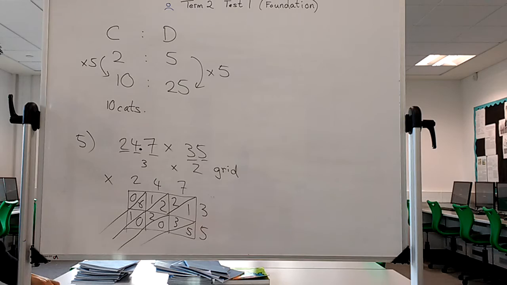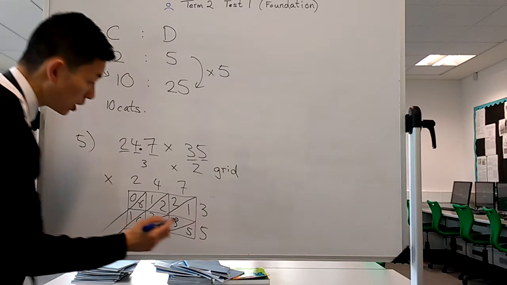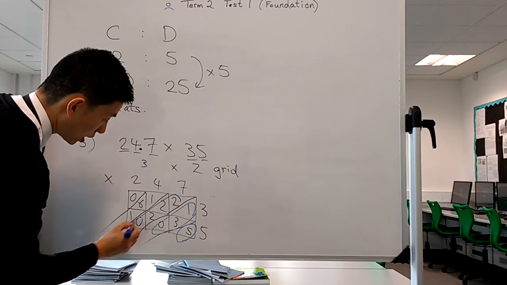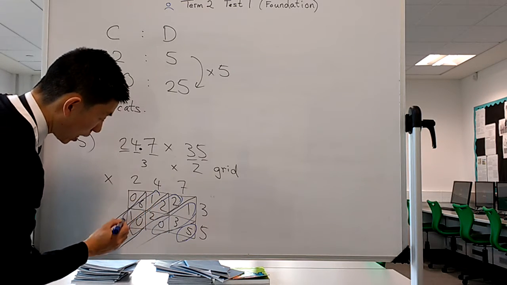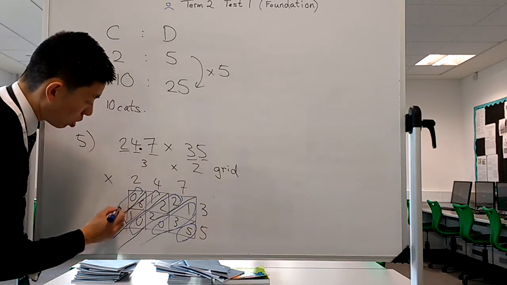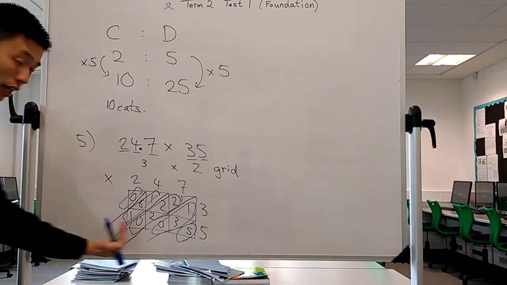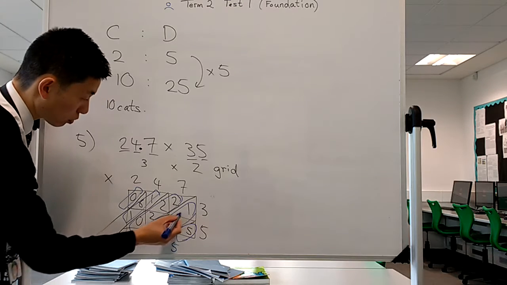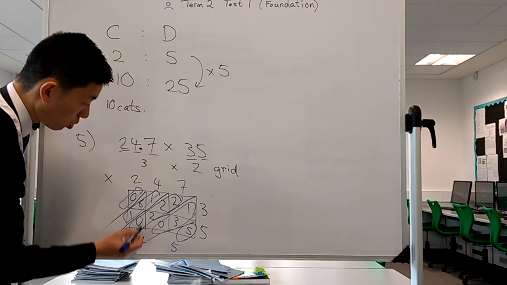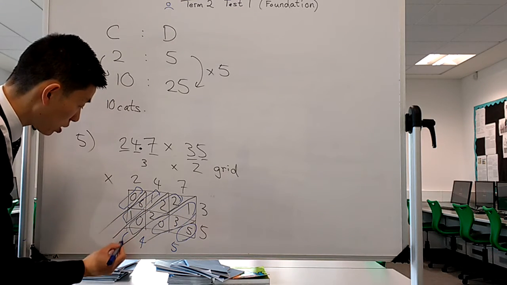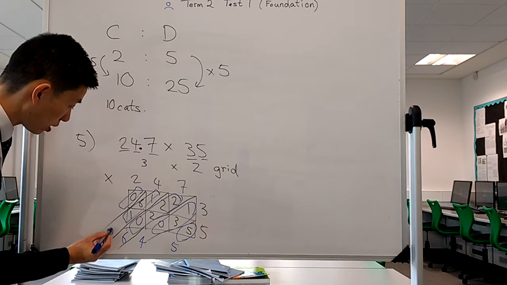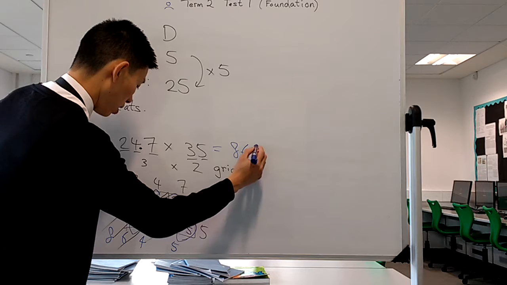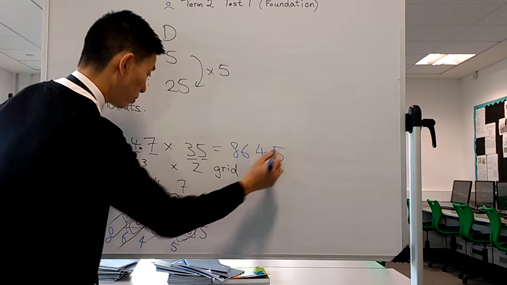And this last bit is just simply to add the values diagonally. And like any adding, you do the units first and then go to the left. So 5, 3 plus 1 is 4, 2, 2, 2, 6, 6, 7, 8. So the answer is 8, 6, 4, 5.